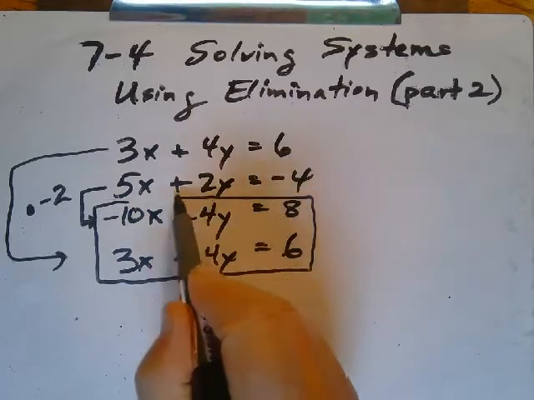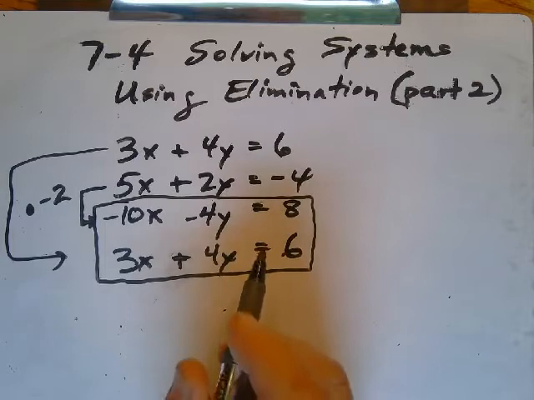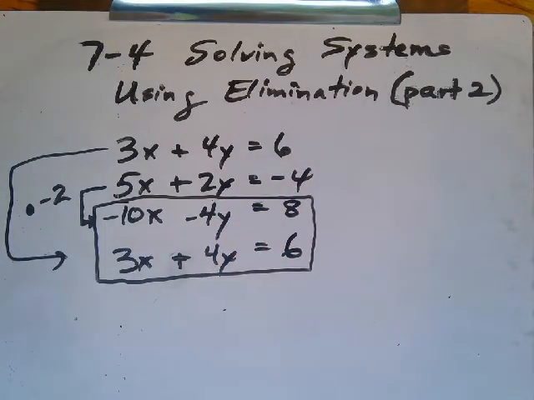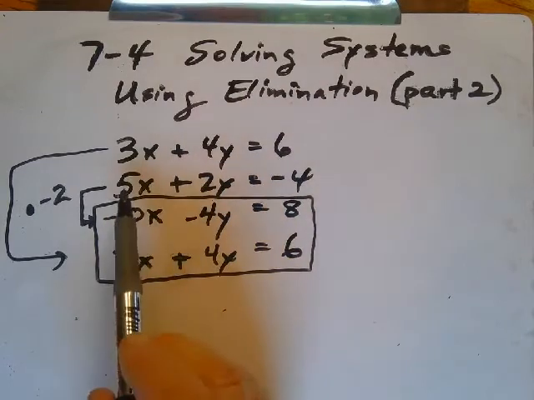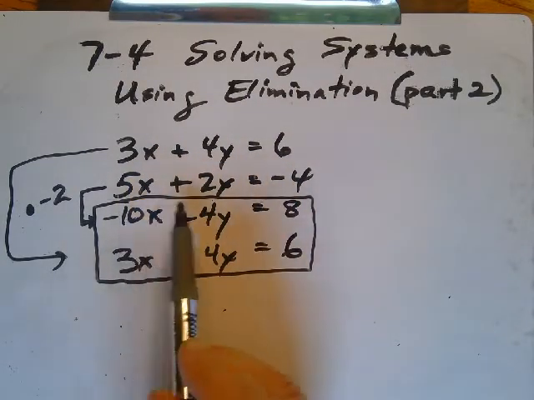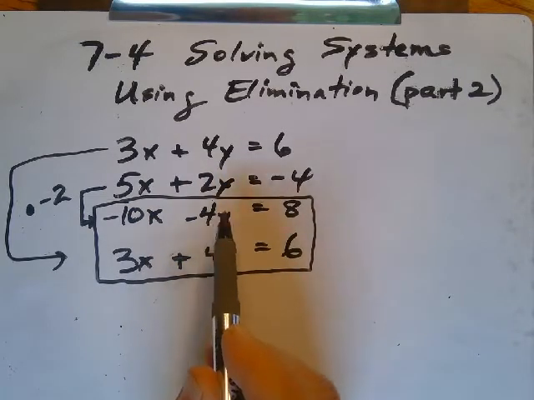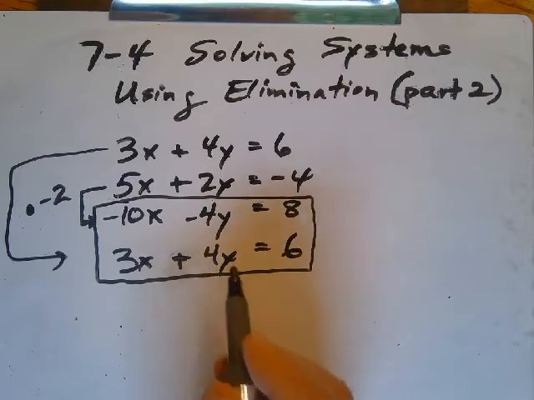And if we add them up, you can see that y is going to be eliminated. Once again, we multiplied the lower equation by -2 so that these two would be opposites of each other, -4y, positive 4y.